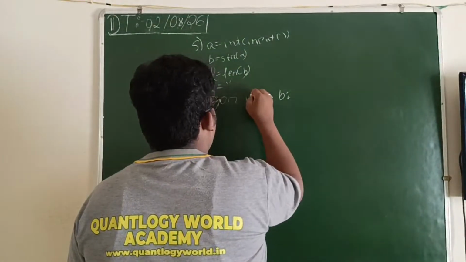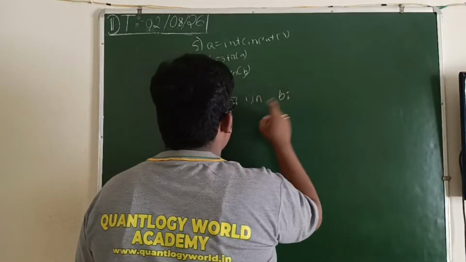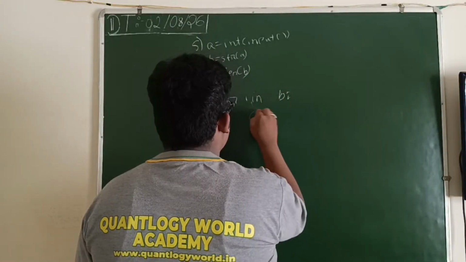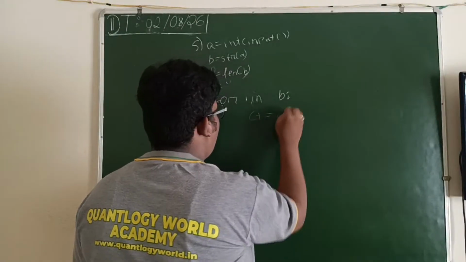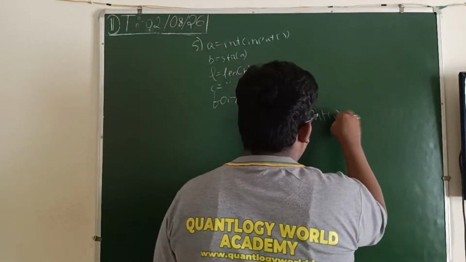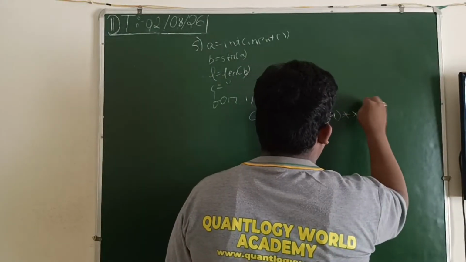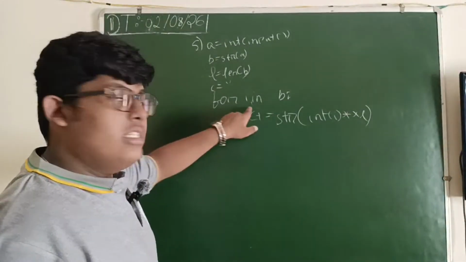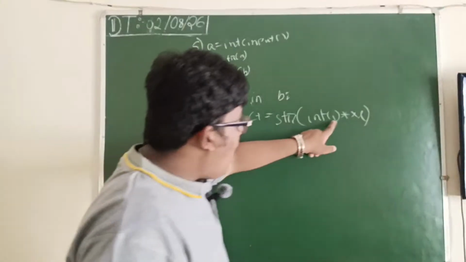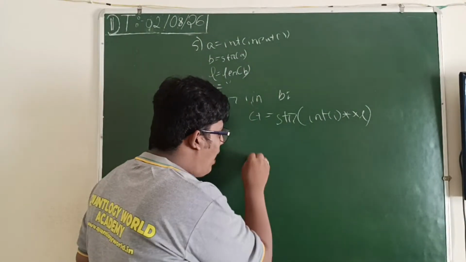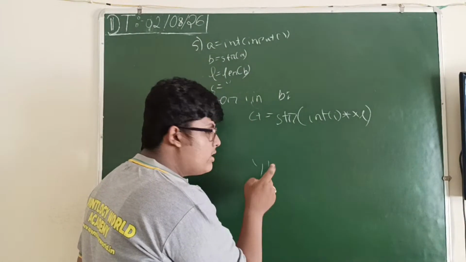So if i in b, c plus equal to str(int(i) double asterisk l). First, i's value is in string. First we will convert i into int, meaning i will become 1. Before, i was inside the quotation, so it was a string.